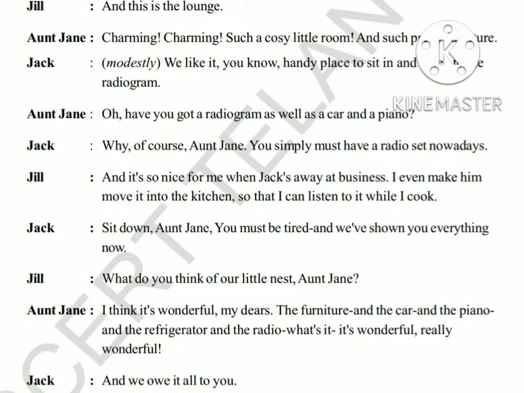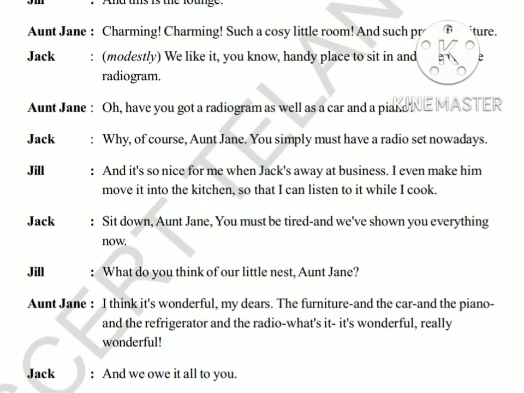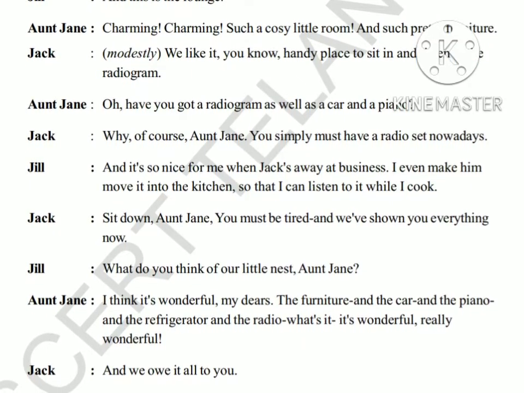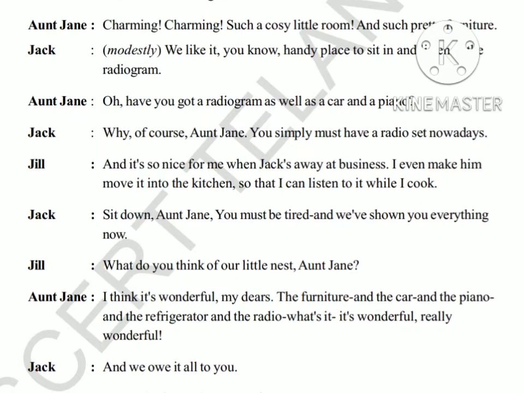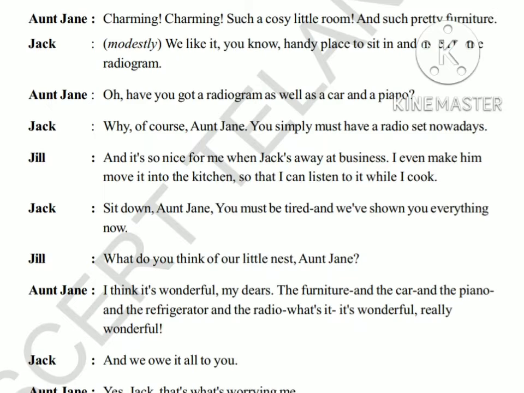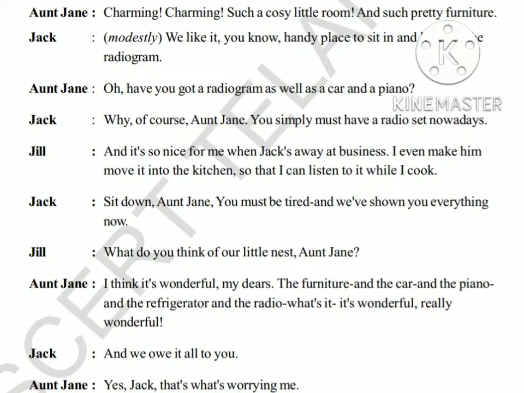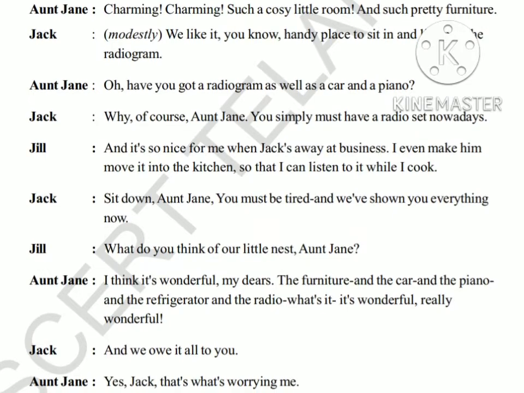And seeing the room, the decoration, everything, Aunt Jane says that it is very comfortable, charming, delightful, very nice.